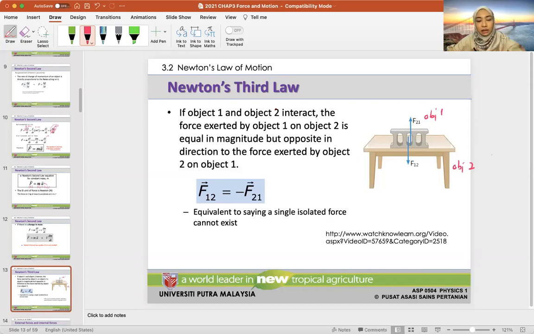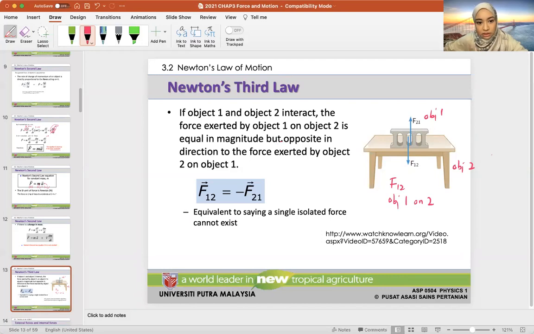The force exerted by object 1 on object 2 is called F12. The force by the brick on the table is called F12. This is the force exerted by object 1 on object 2.